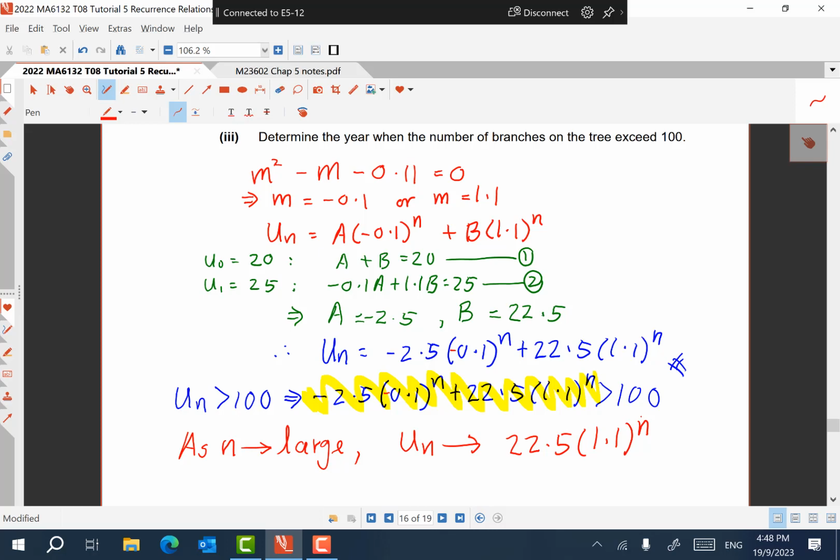So one way to resolve this is to capitalize on the fact that u_n tends towards this number, and you solve this inequality. You can use logarithms. And believe me, if you do it this way, you will get a value of n that's going to be like this.